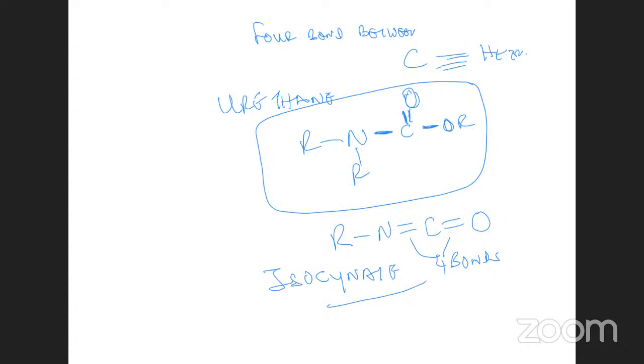So my purpose was to show you different functional groups and to recognize them. You will be coming across only a limited number of them. For example, very rarely will you go for these 4 bonds between carbon and the heteroatoms.